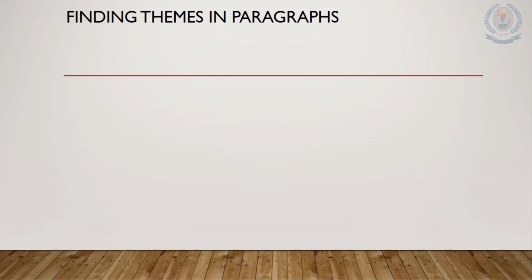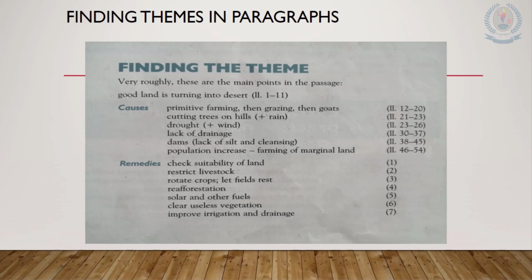The textbook gives you a rough list of themes of what they think the paragraphs would be about, right? Page number 13 at the end. So these are a rough list of themes of each paragraph. First, it's about the causes.